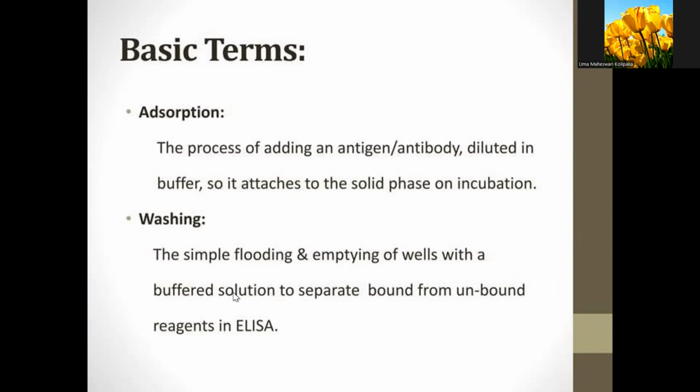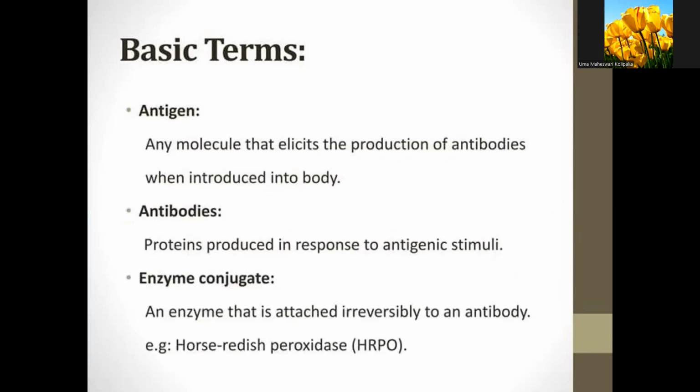Washing, the simple flooding and emptying of well with a buffer solution to separate bound from unbound reagents in ELISA. Antigen, any molecule that elicits the production of antibodies when introduced into the body. Antibodies, proteins produced in response to the antigenic stimuli. So we are all very familiar with these words, antigen and antibody.